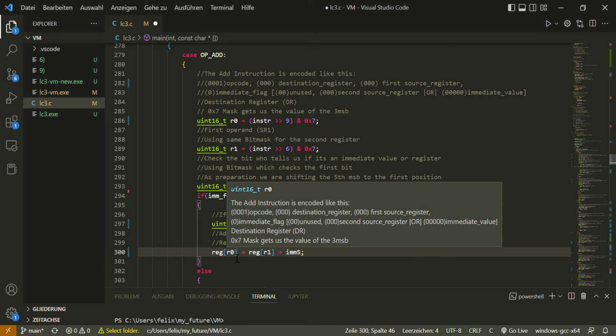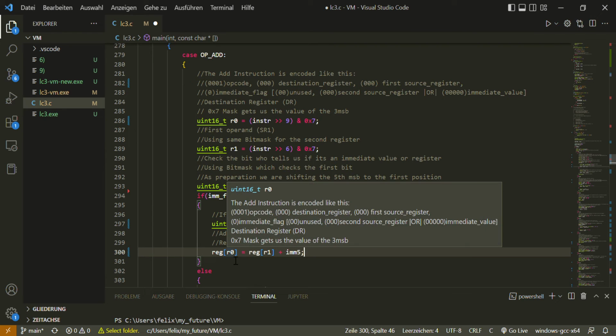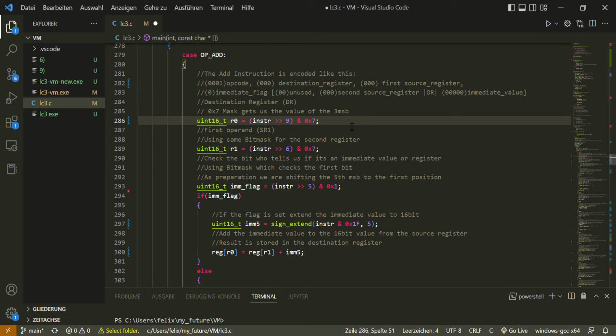We need the index of the given destination register to store some value into this register. Our instruction is encoded in exactly 16 bits in every case, and we want the value out of exactly these 3 bits. How are we going to do this?